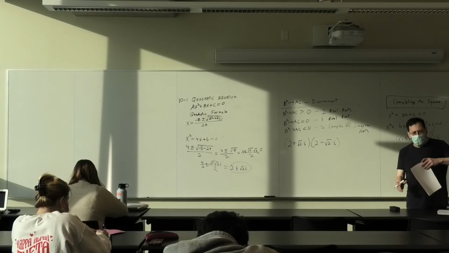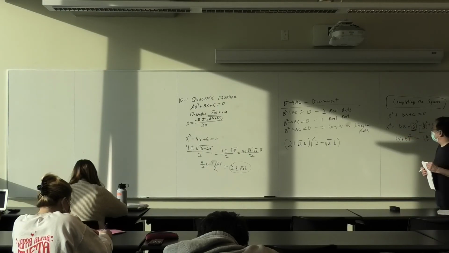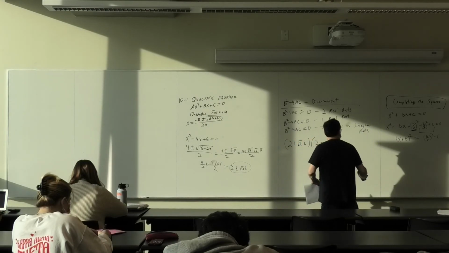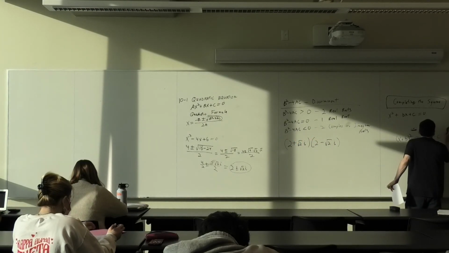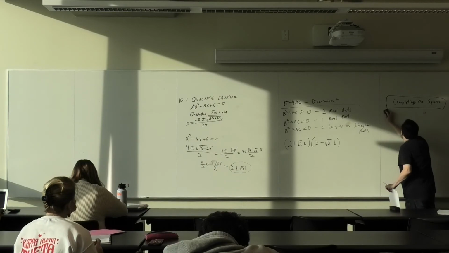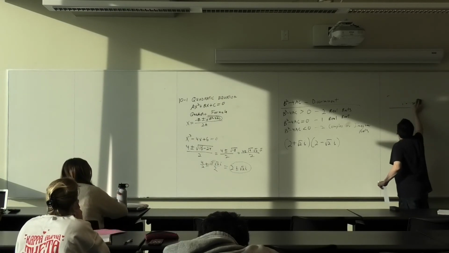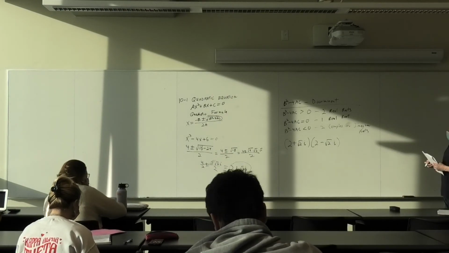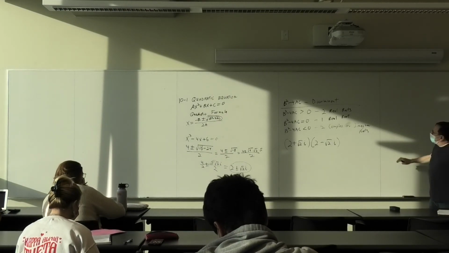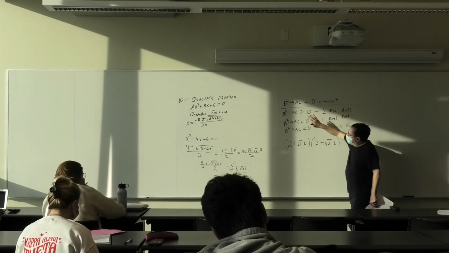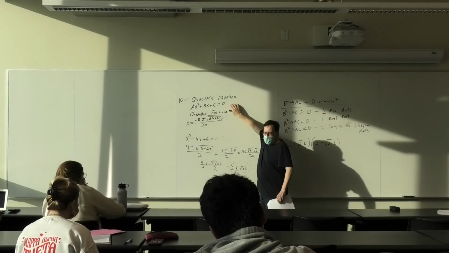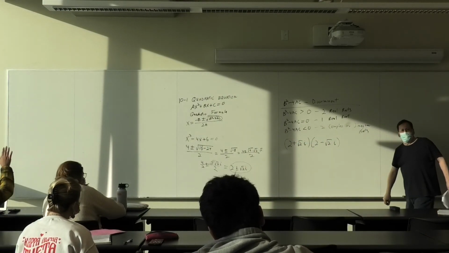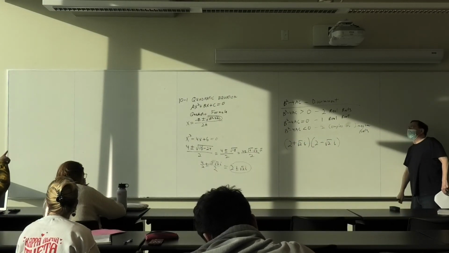Okay, there's one more thing I want you to know about these three cases. Does anyone remember what the graph of a quadratic equation looks like? Is it like this?